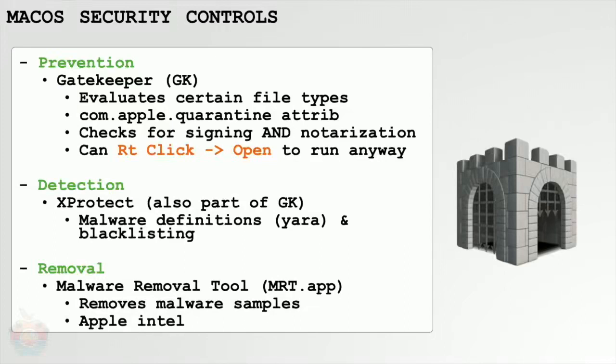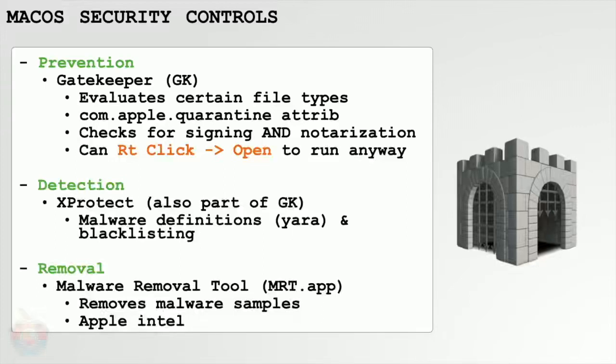Gatekeeper inspects files for that attribute and looks for certain file types, things like Mach-O binaries, app bundles, installer packages. If the file matches those types and has that com.apple.quarantine attribute, Gatekeeper steps in and performs its checks.